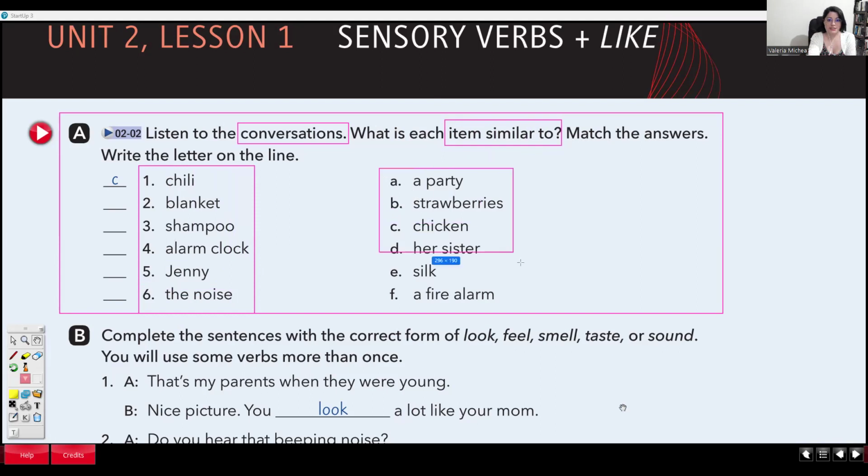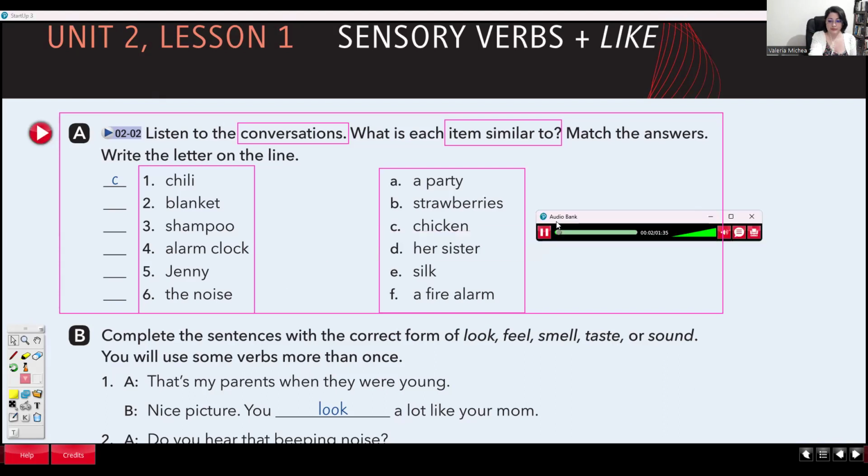And then we have a party, strawberries, chicken, her sister, silk, and a fire alarm, right? Those are the things that you need to match. Now you're going to listen to conversations, so you need to interpret whatever you are going to hear. Let me make sure I'm sharing my sound, which I'm not. And now let's hear. Let's go.